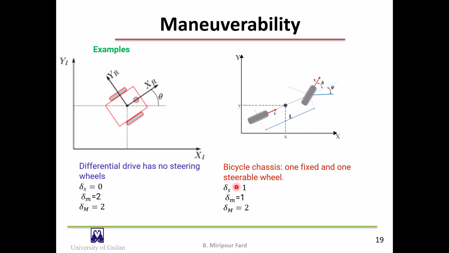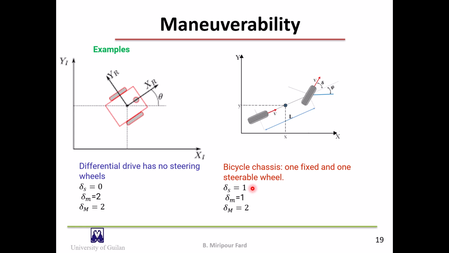Here you can see two robots with the same degree of maneuverability. For the diff drive robot, delta S is 0, delta M is 2, and delta m, the degree of maneuverability, is 2. And for the bicycle robot, the degree of steerability equals 1, degree of mobility is 1, and degree of maneuverability is 2.